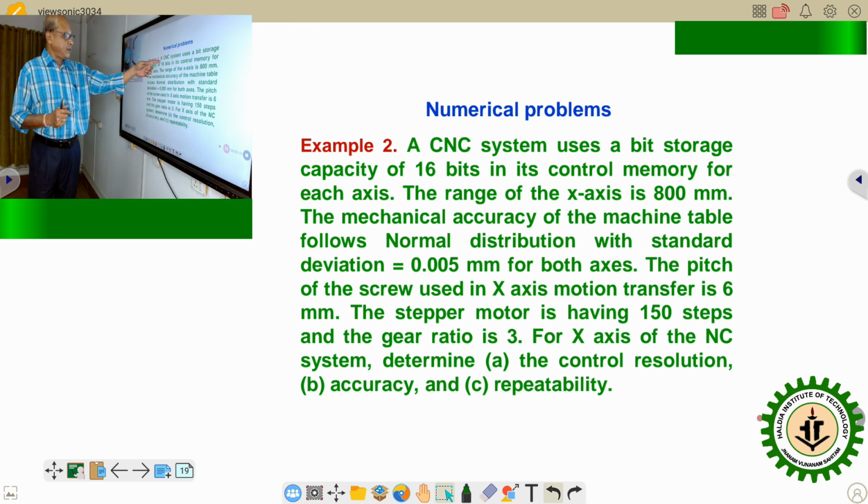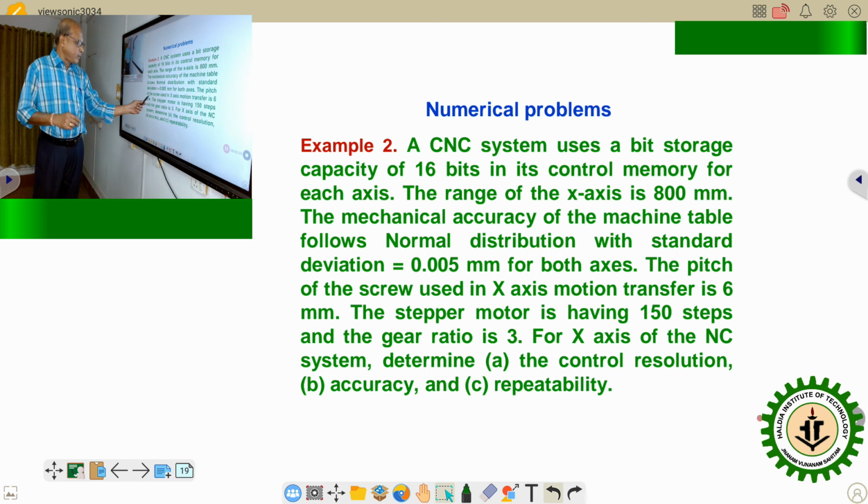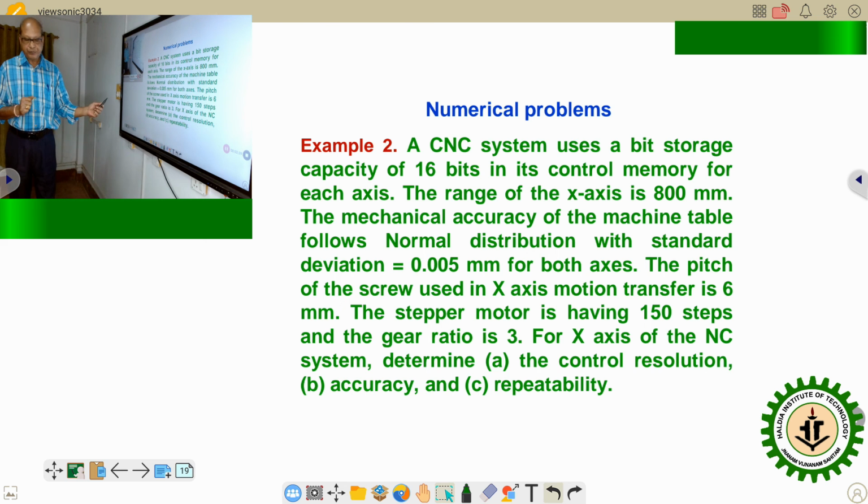Second problem: a CNC system has a bit storage capacity of 16 bits in its control memory for each axis. The range of the x-axis is 800 millimeter. The mechanical accuracy of the machine table follows a normal distribution with the same sigma, 0.005 millimeter, for both axes. The pitch of the screw used in x-axis motion transfer is 6 millimeter.